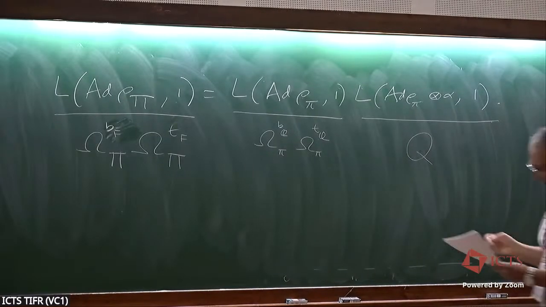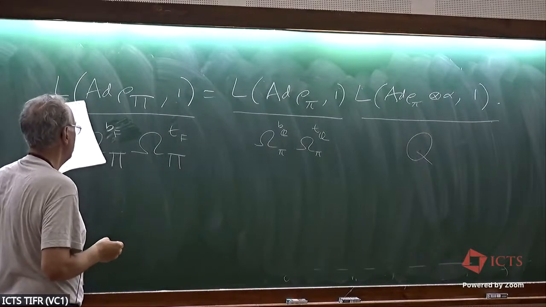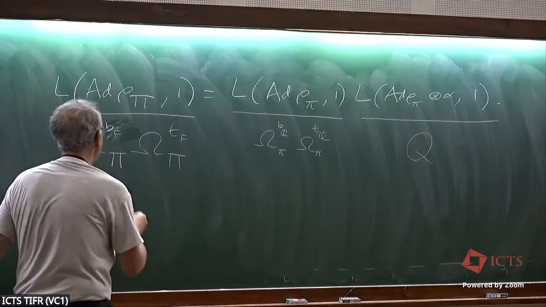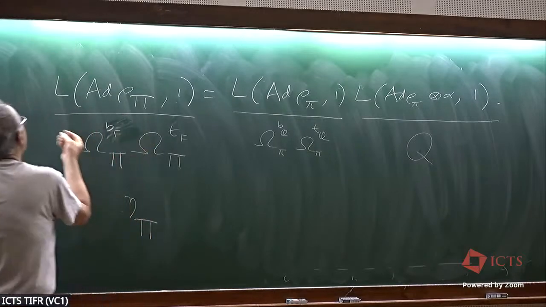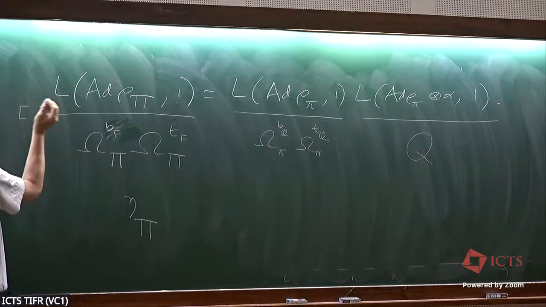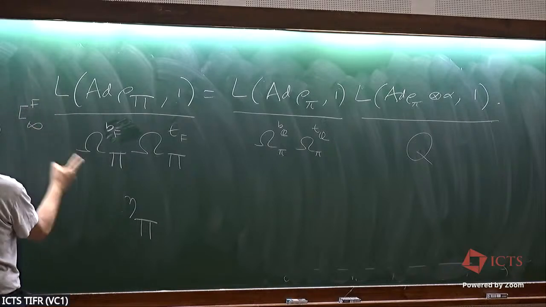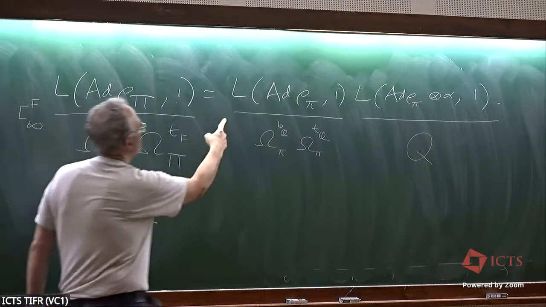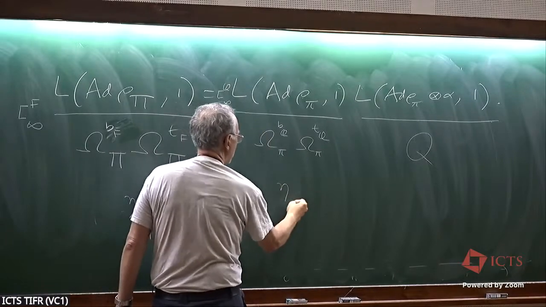But now we use the theorem of Balasubramanyam Raghuram. This is eta capital pi. For the moment we assume the conjecture. A priori, there is a C infinity F to get this. And here, similarly, there would be a C infinity Q to get that this is exactly eta pi.